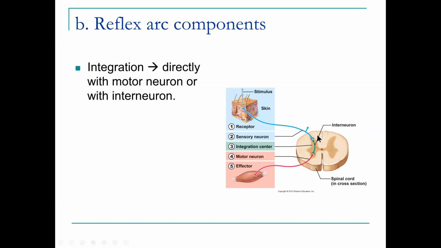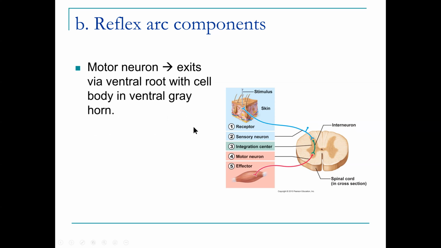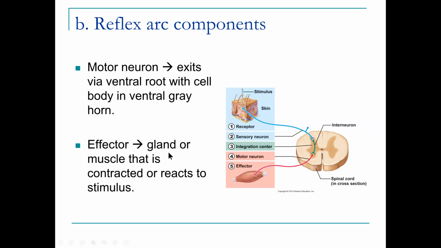So it can integrate directly with the motor neuron if it's a very simple reflex, or it goes with an interneuron. An interneuron may send it up to the cerebrum to make a decision. It exits the ventral root, with a cell body in the ventral gray horn. It goes to the effector, a gland or a muscle.